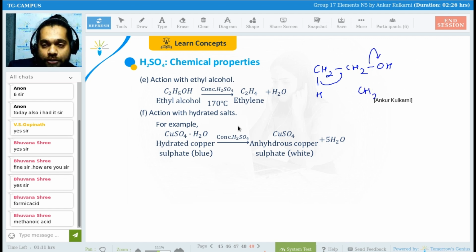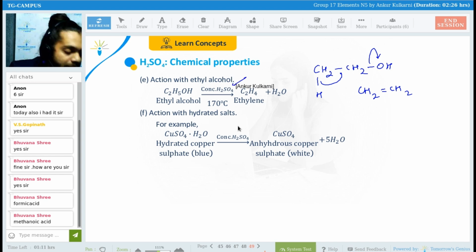So what did I get? CH2 double bond CH2, which is nothing but your ethene or ethylene gas. Because your H2SO4 acts as a dehydrating agent.